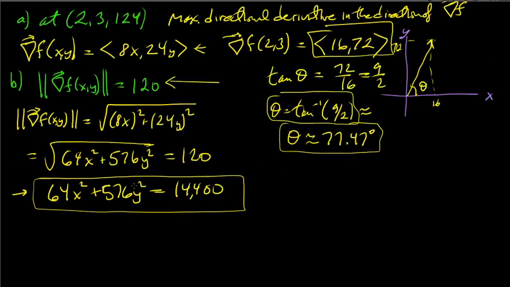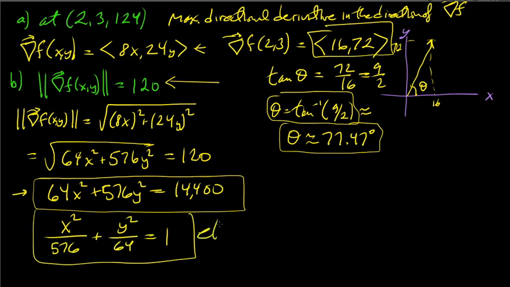So you should know what this is, of course. If you divide both sides by 14,400, you get a slightly more familiar equation. This is an ellipse. So every point on the ellipse has this magnitude.